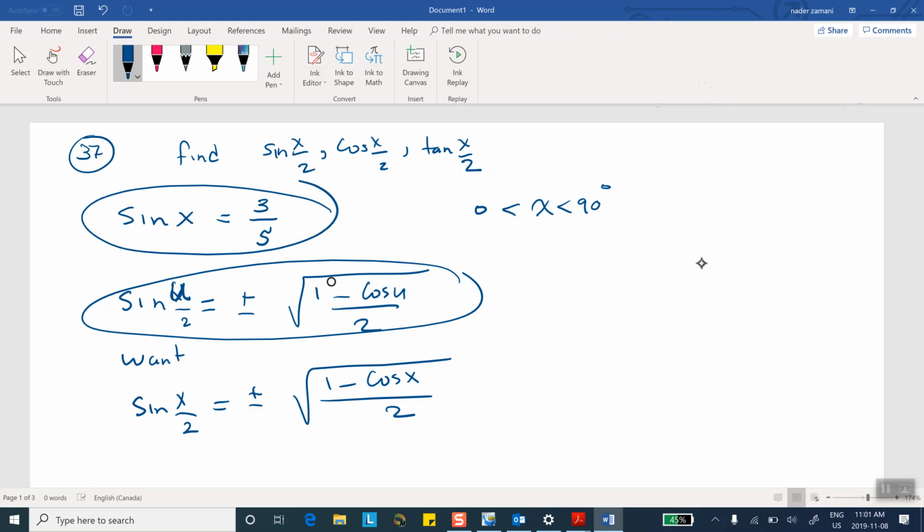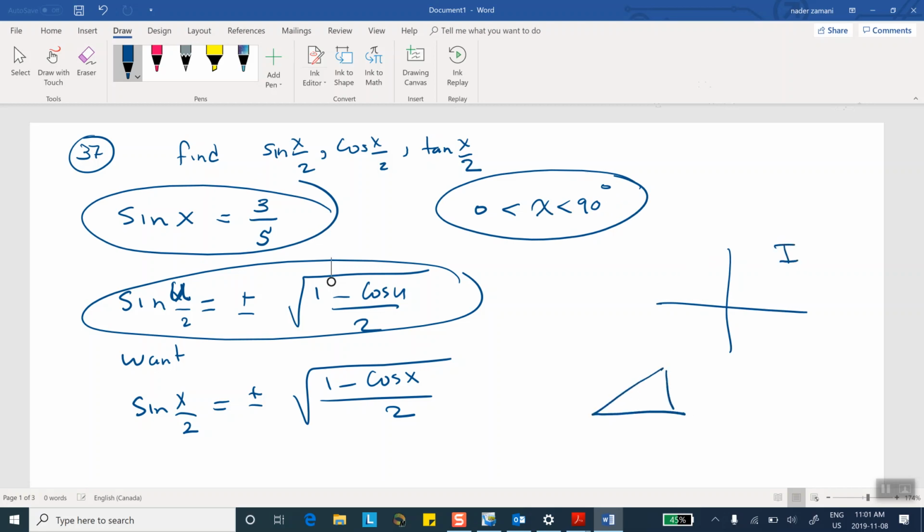Now, sine of x, you were told that it's 3 over 5, and x is between 0 and 90 degrees. Remember, that means you're in quadrant 1. Both sine and cosine are positive, so you draw the triangle that represents this condition. This is the angle x. The opposite is 3, the hypotenuse is 5, so this must be 4.